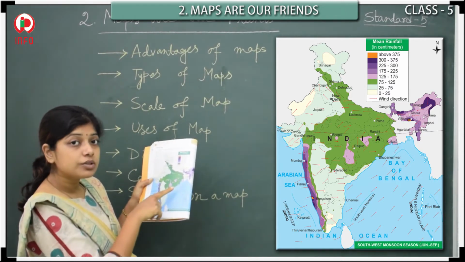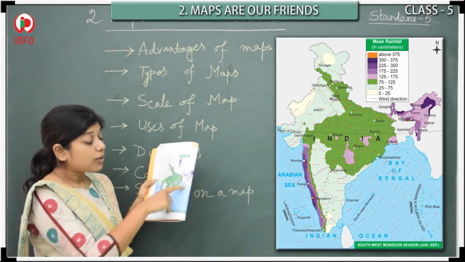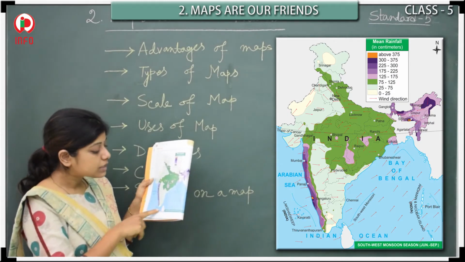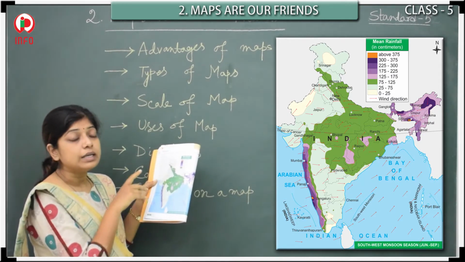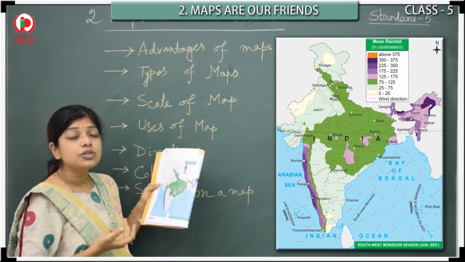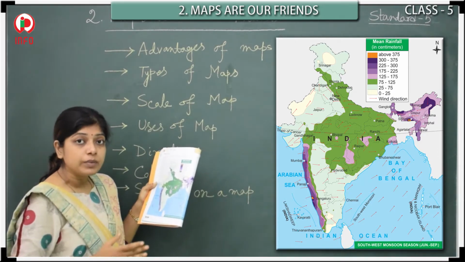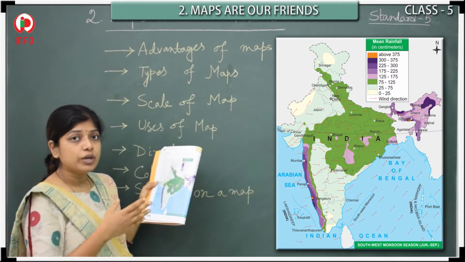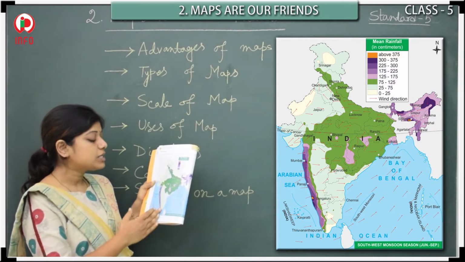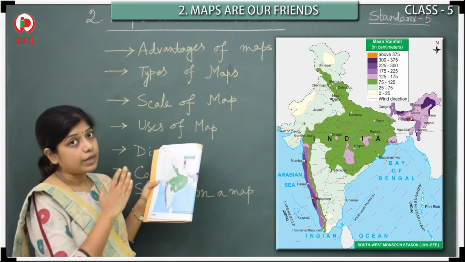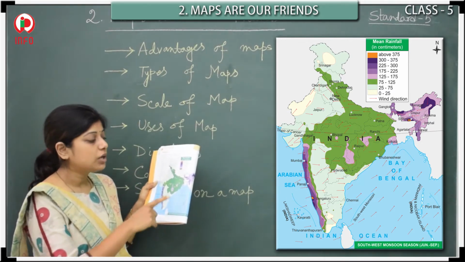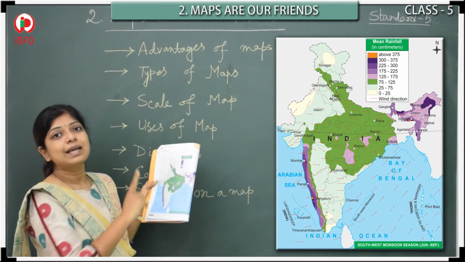All of you are able to understand, these lines are indicating what? The direction of the wind. So what is the direction of the blowing of the wind? It is from southwest to northeast direction.